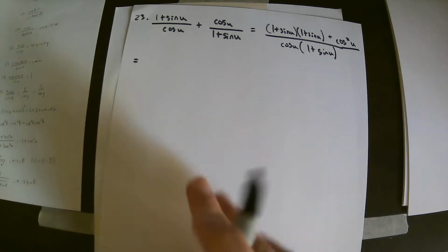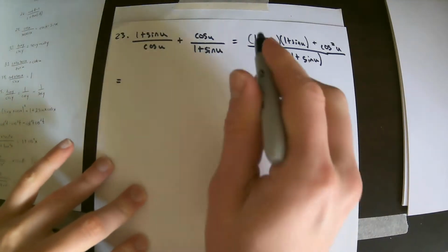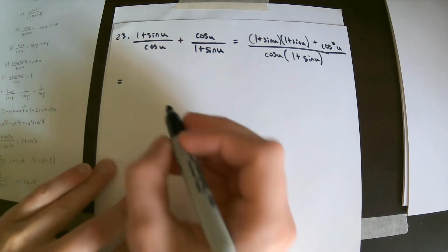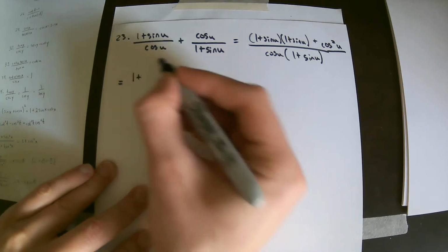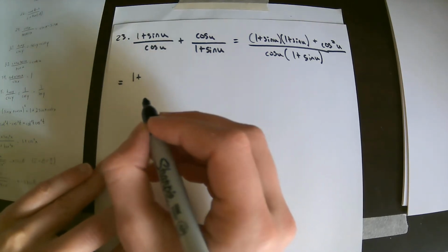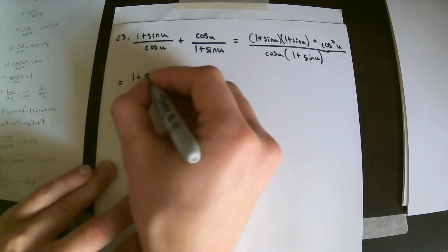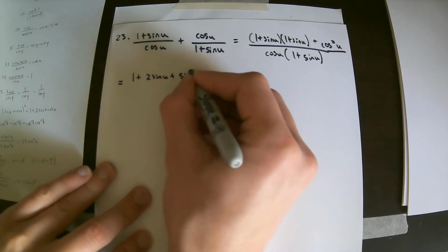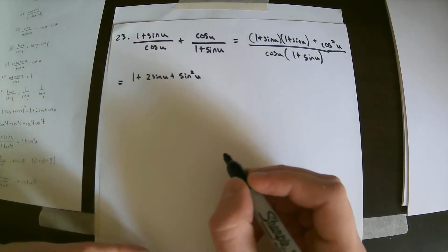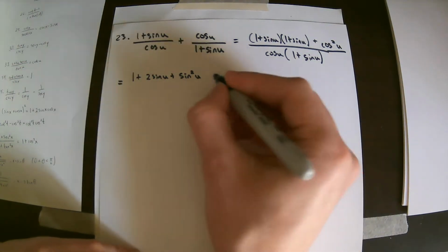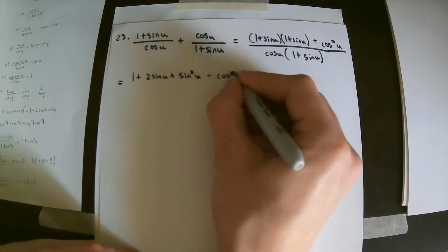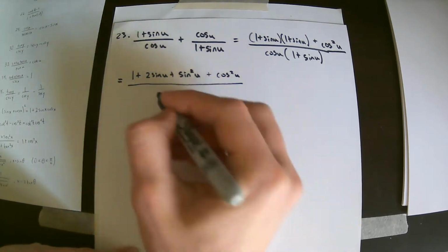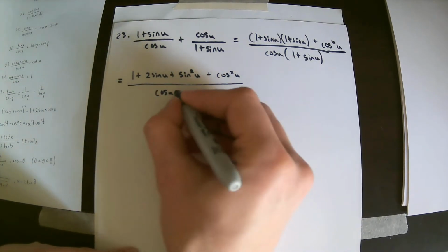Now I'm going to multiply this out, 1 plus sine u times 1 plus sine u. That's going to give me 1 plus 2 sine u plus sine squared of u, plus cosine squared u, all over still this big denominator.